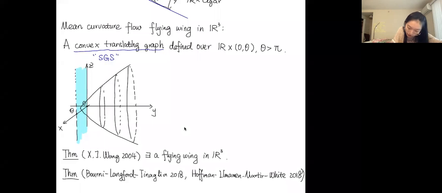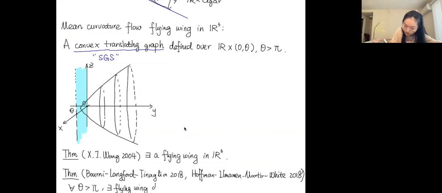They showed that this existence result is complete in the sense that for any theta greater than pi, they can find a flying wing that is defined on this slab of width theta.